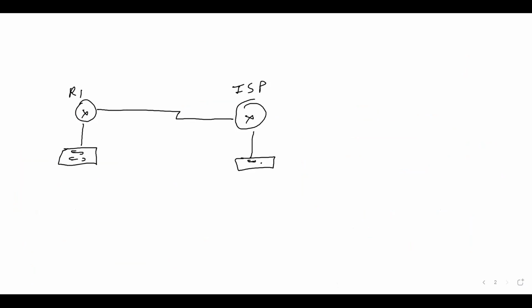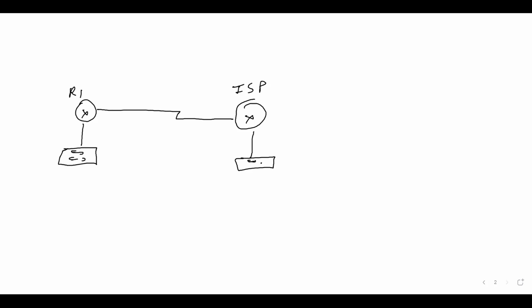I can tell you there also. Okay, I think it's better. So I have this R1 router, and this is my servers. This is my servers. And this is my R1 router.